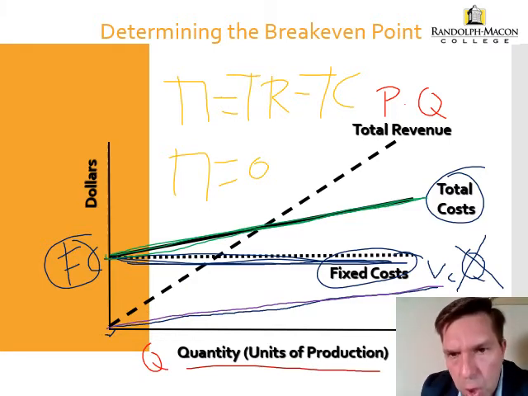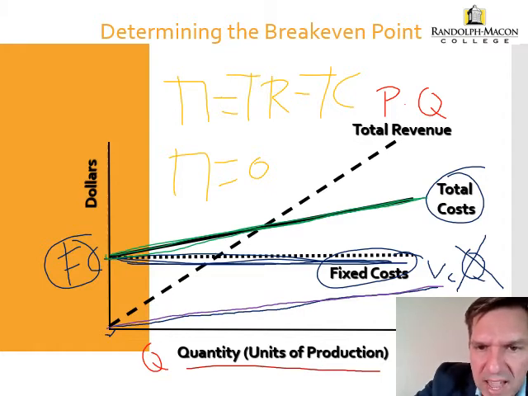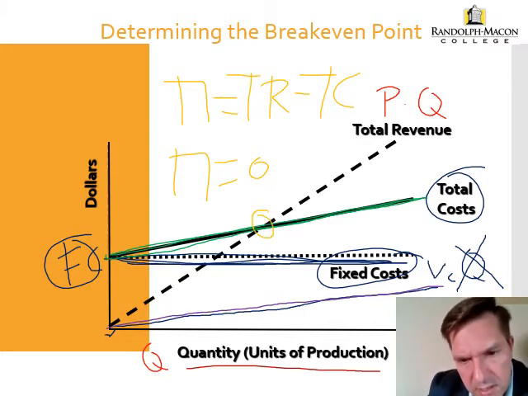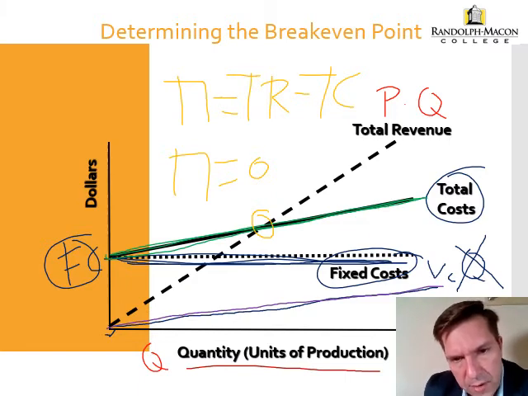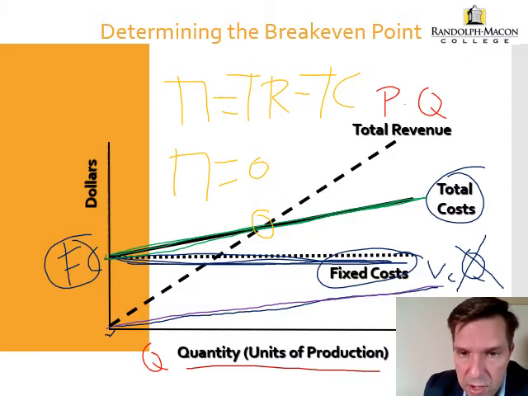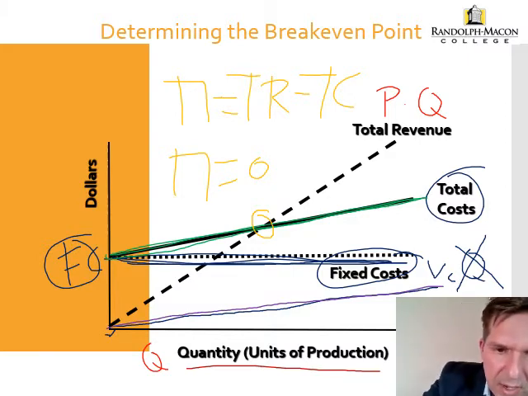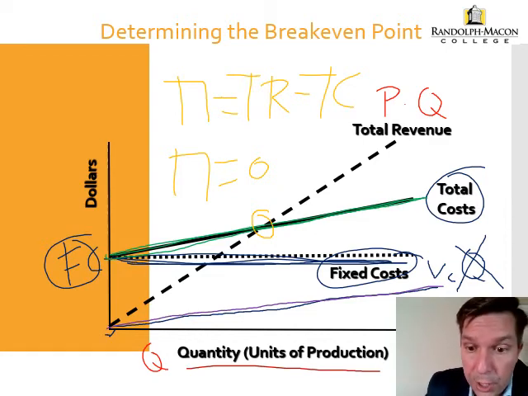Now, where does my total revenue equal my total cost in this diagram? Where do these two lines touch? Well, it's right here. At this point that I'm showing, my profit is actually 0, because my revenues and my total costs are exactly the same. That's why these two lines touch, because they are on the same point.